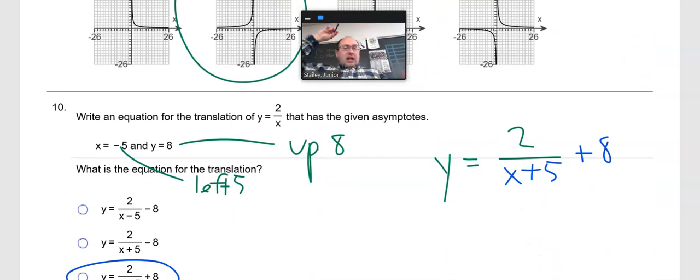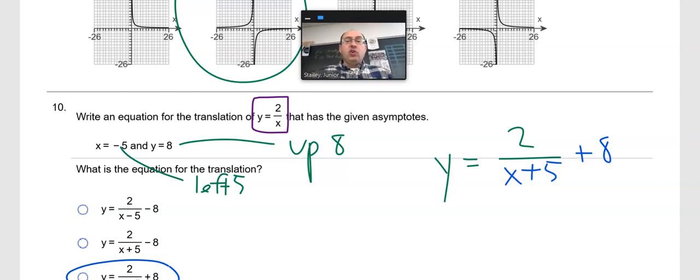What happens, like on question 10, when you go left 5 and up 8? All I'm asking you to do is write a new equation. Here is the starting equation. This is the one that you're beginning with. Now I need you to translate that 5 units left, because you could see the vertical asymptote move to the left 5 units. The horizontal asymptote moved up 8 units.